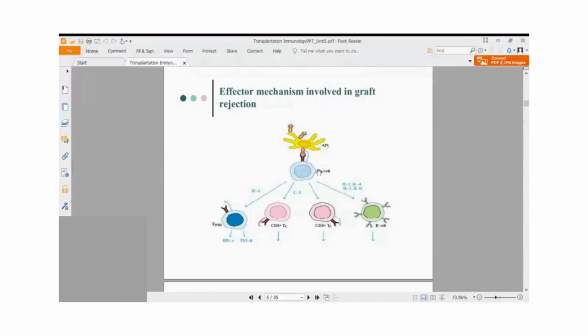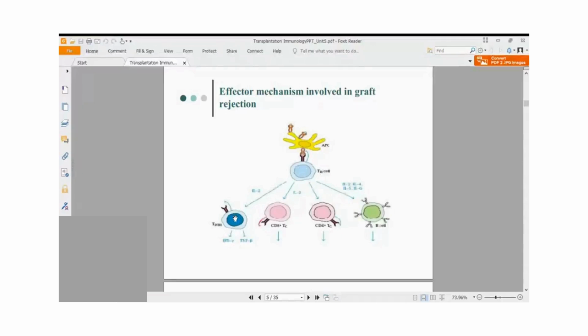At the same time, the TH cell which has differentiated into TH1 will form the TDH response, that is the delayed type hypersensitivity response.